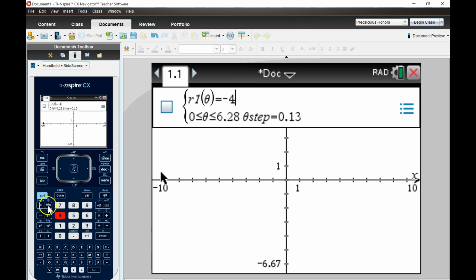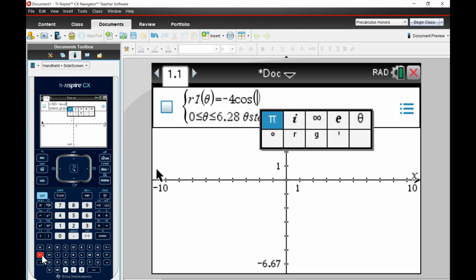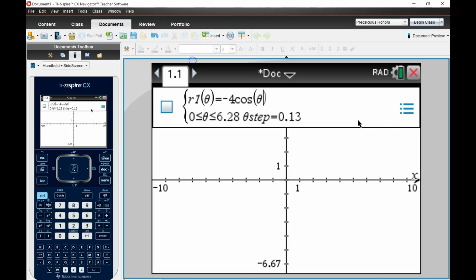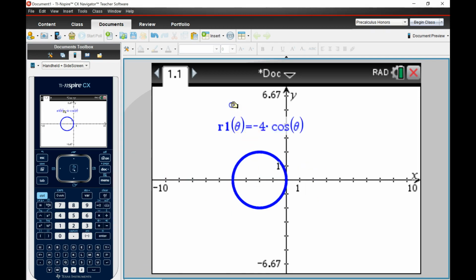So negative 4 cosine theta is in here. You see that pi symbol on the left bottom corner-ish? In that pi menu, there's all your symbols, including theta. And then when you press enter, that's your lovely little circle.